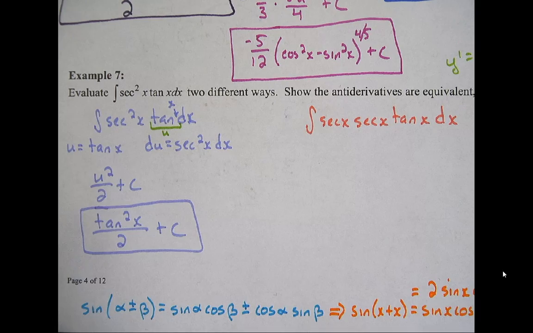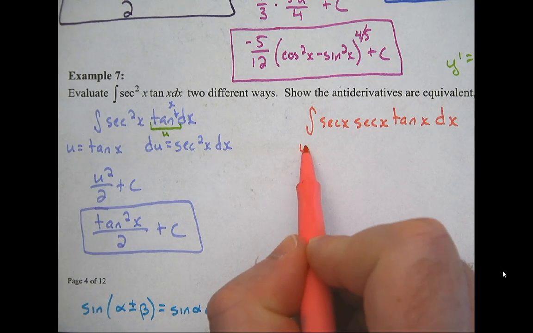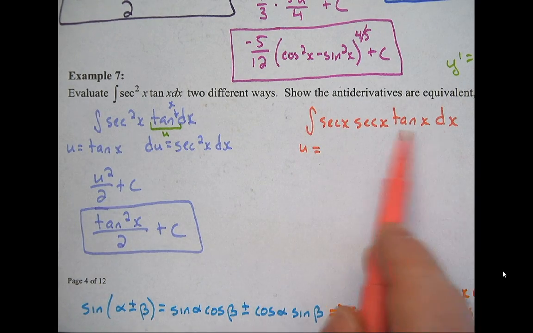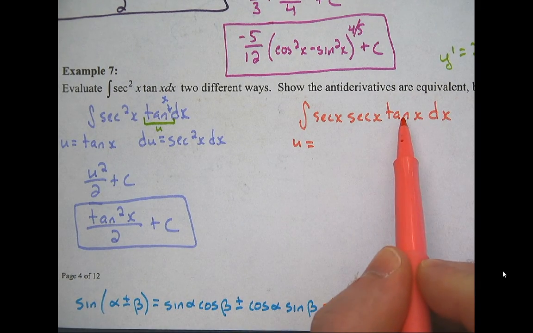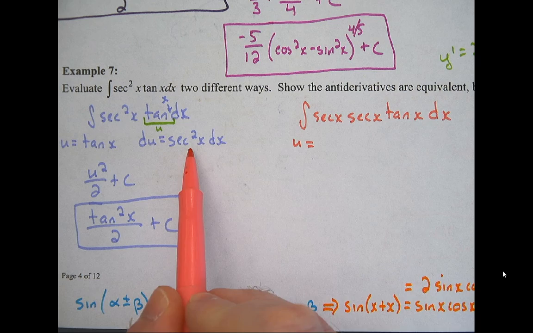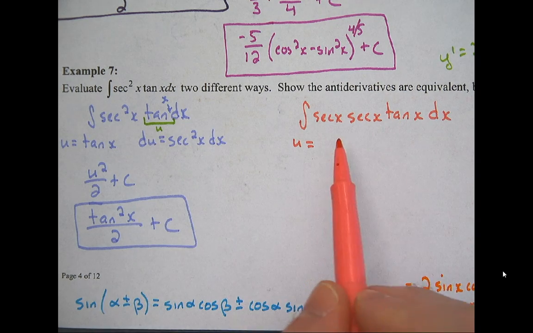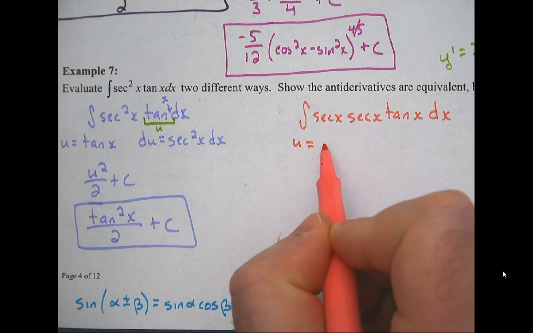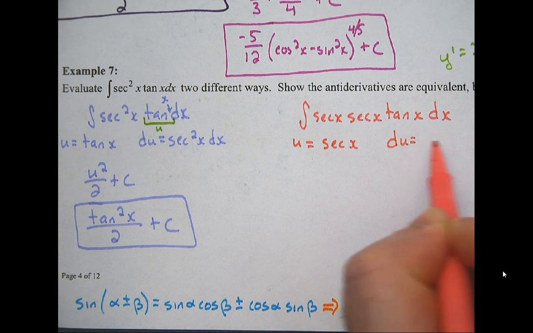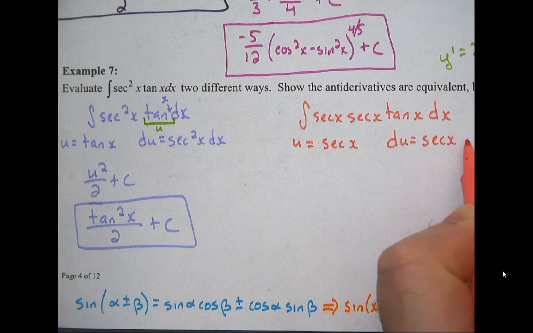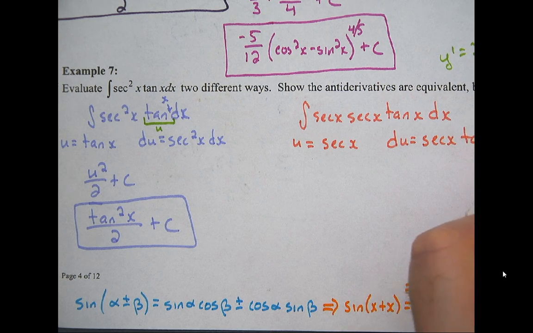Let's try the other direction. Over here, you've got to pick a u so that when you derive it, you still have stuff in the function. So let's pick tangent again, well, no, I don't want to pick tangent again because it'd be the same problem. So obviously I have to pick secant. But that's okay because what's the derivative of secant? Secant x tangent x dx.